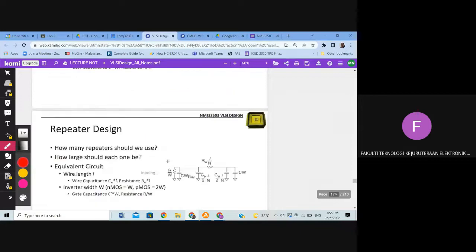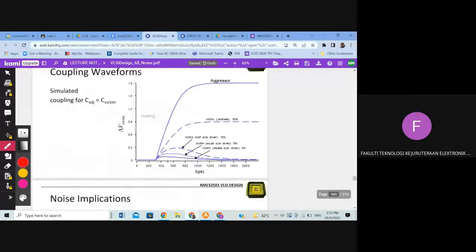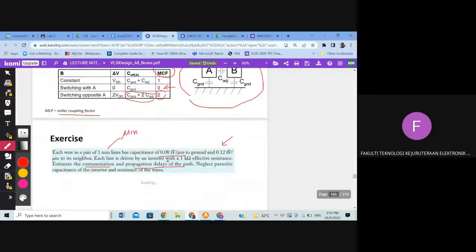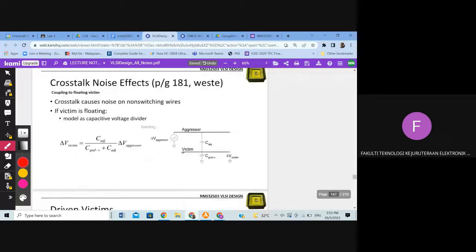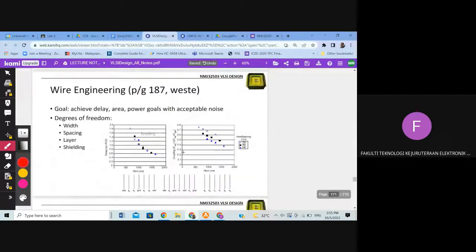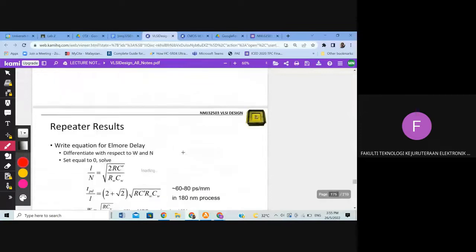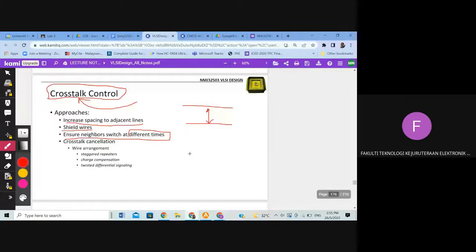Go back to the MCF, the Miller coupling factor. When they switch at different times, we can reduce the MCF, and there is no effect on the neighboring wires. If you switch both wires at the same time, that will increase the effect of the crosstalk.